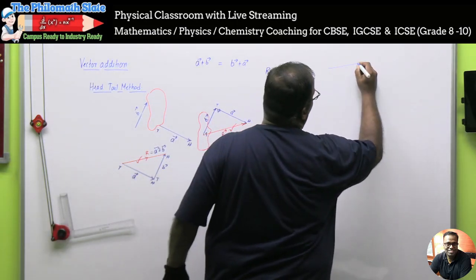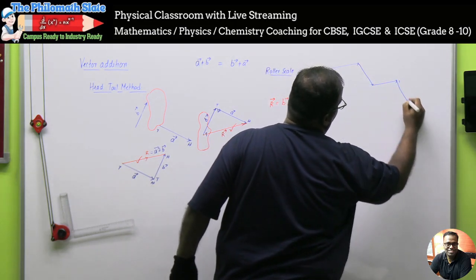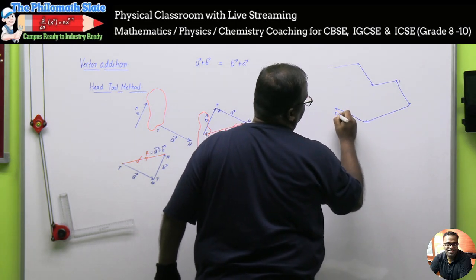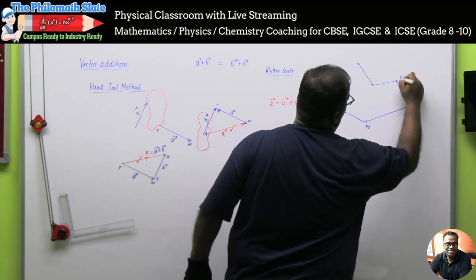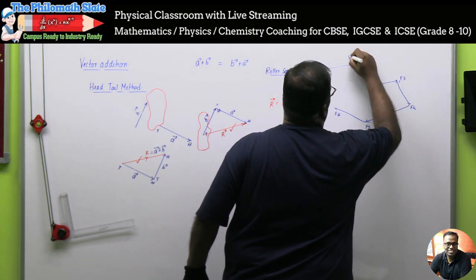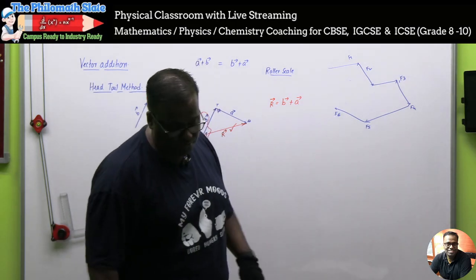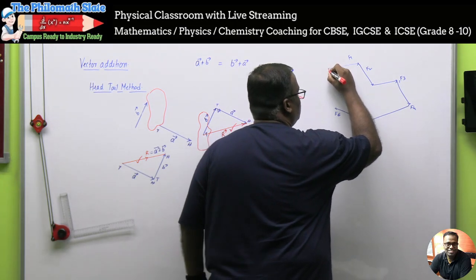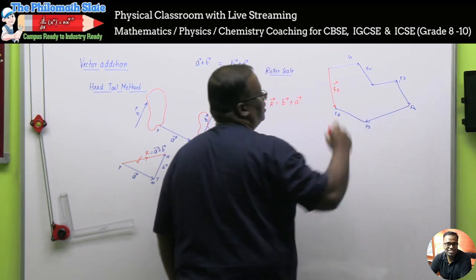This is F1, F2, F3, F4, F5, F6. So what does the head-tail method tell me? Join what, beta? Join the tail of the first one to the head of the last one. This is the resultant vector, Fr.